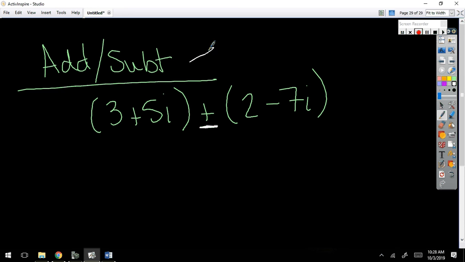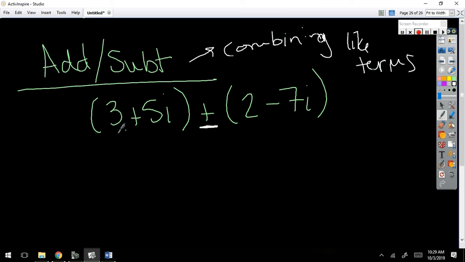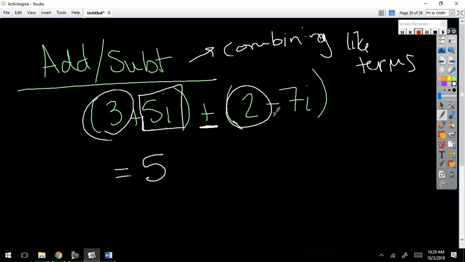Adding just means, again, we're still just combining like terms. So look at what goes together: 3 and 2, and 5i and negative 7i. Does that make sense? It's adding numbers and adding imaginaries.